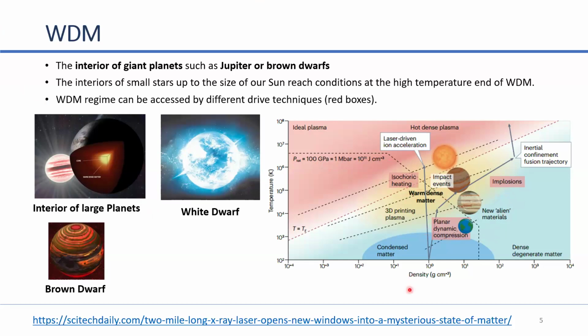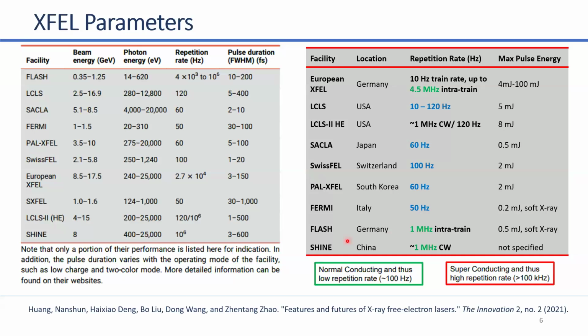And coming to the XFEL parameters, as we all know there are different free electron lasers in the world. If you look at the repetition rates of most of the free electron lasers, it is very low, not in the megahertz range, but in the hertz range.